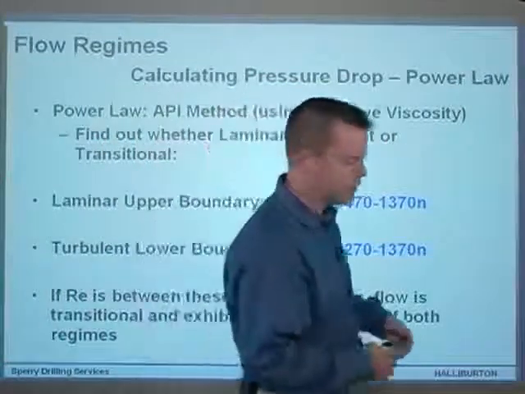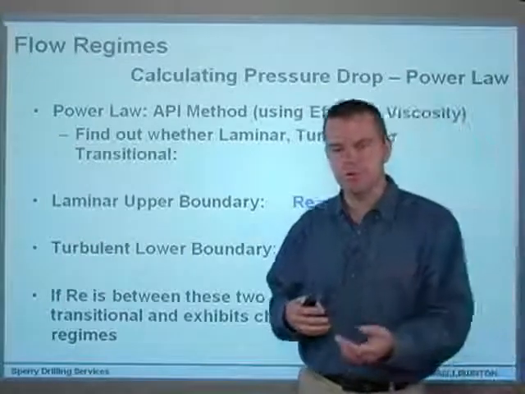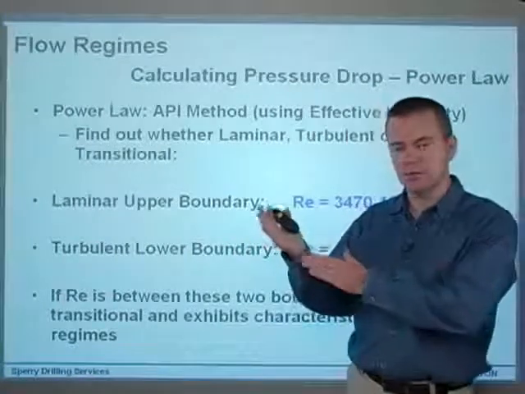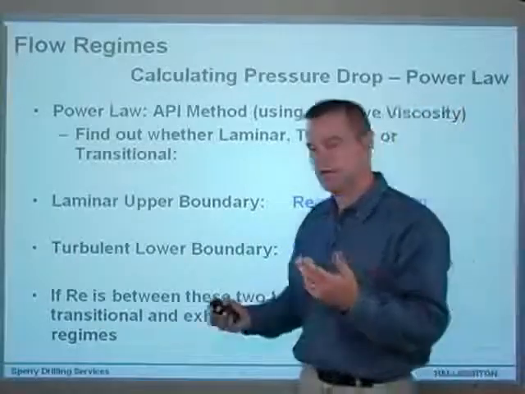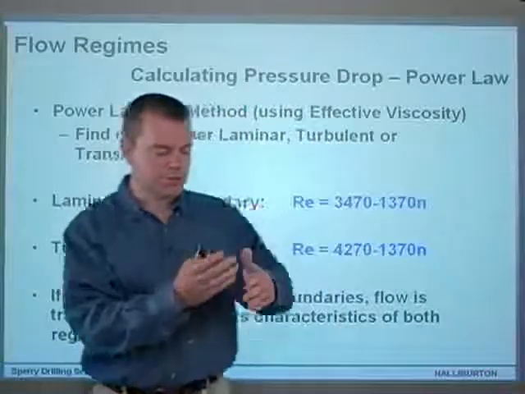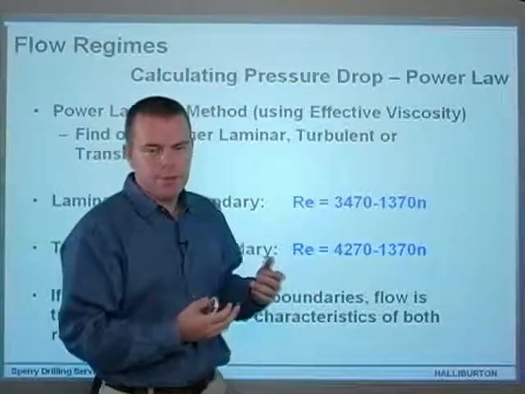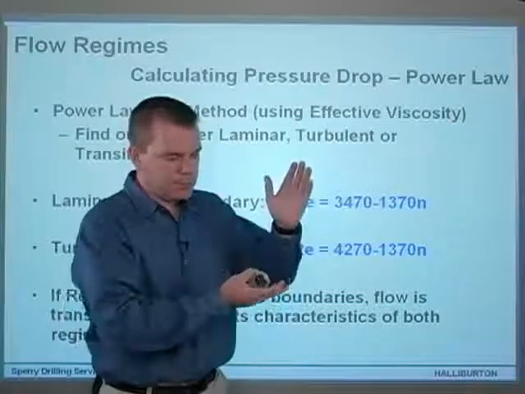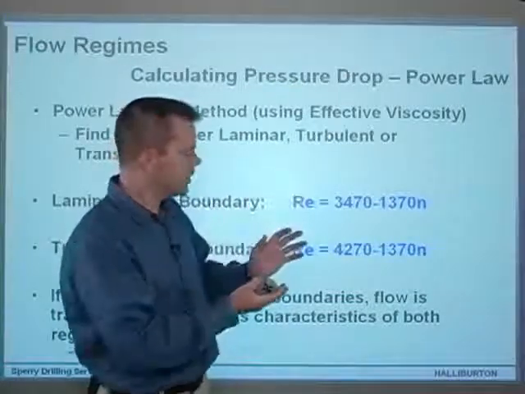And basically if N reduces from 1 and the fluid becomes less Newtonian, more non-Newtonian, let's say N was 0.1, it's quite a curved profile now on your shear rate versus shear stress graph.